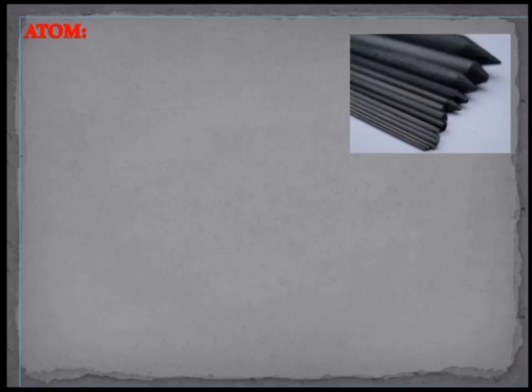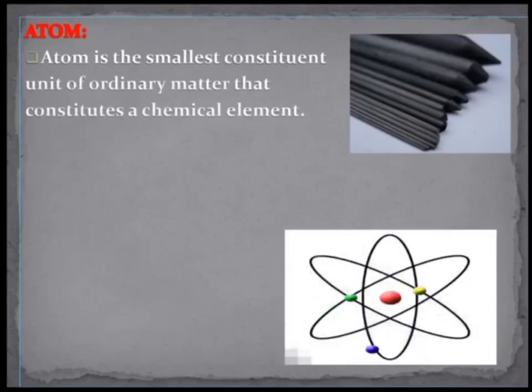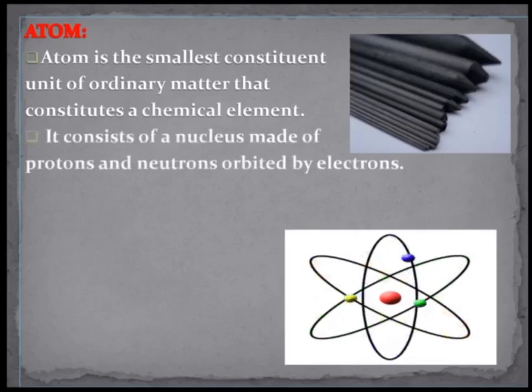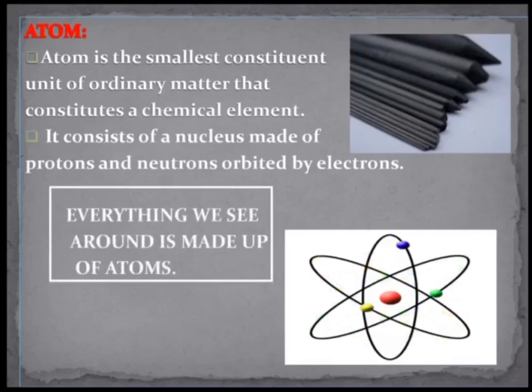That smaller piece, that minute particle, is known as an atom. An atom is the smallest unit of ordinary matter that constitutes a chemical element. Actually, it consists of a nucleus made of protons and neutrons orbited by electrons. Everything we see around us is made of atoms.